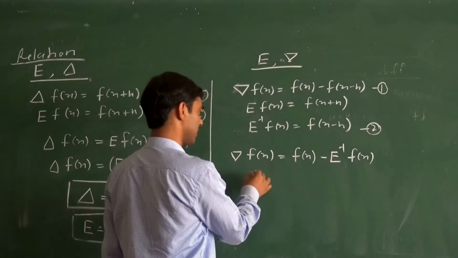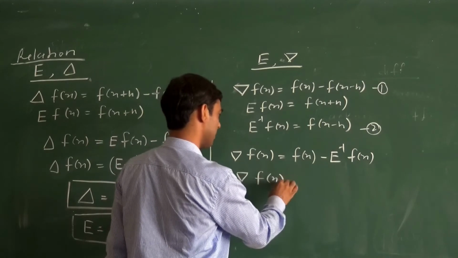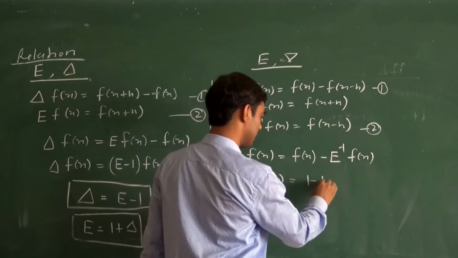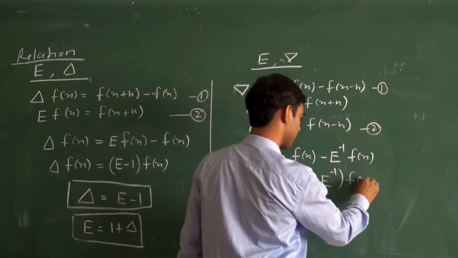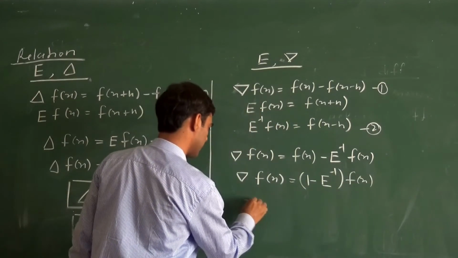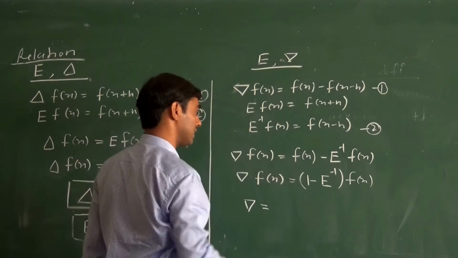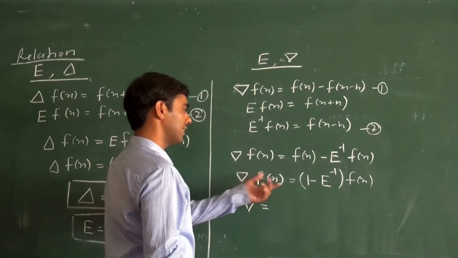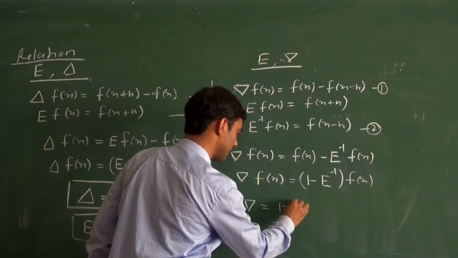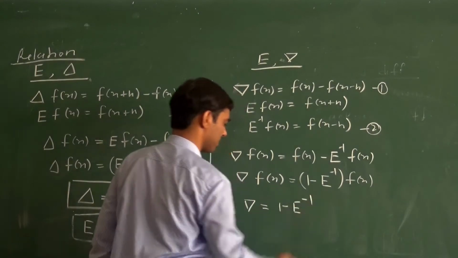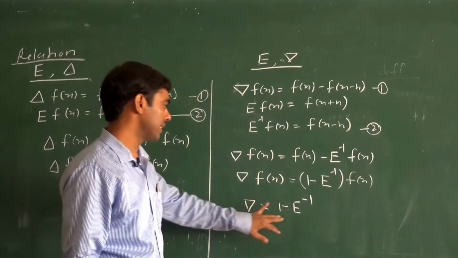If we write this one, ∇f(x) = (1 − E⁻¹) f(x). If we compare the operators on the left-hand side and right-hand side, the backward difference operator ∇ = 1 − E⁻¹. This one is the relation between the backward difference operator and the shift operator.